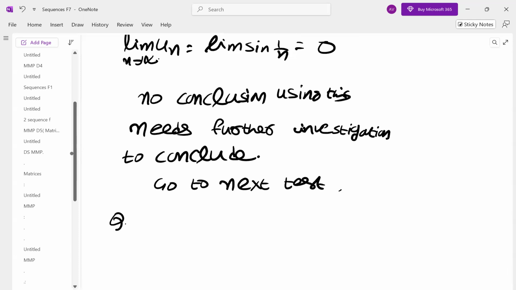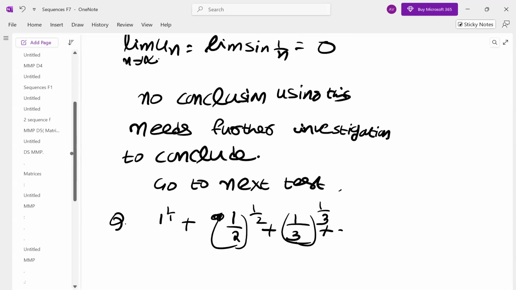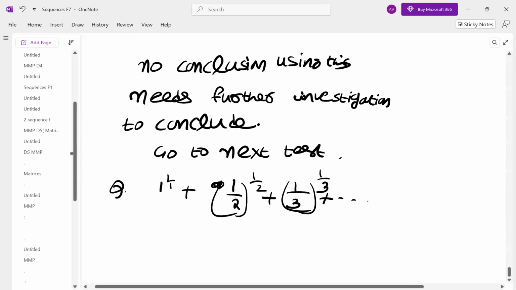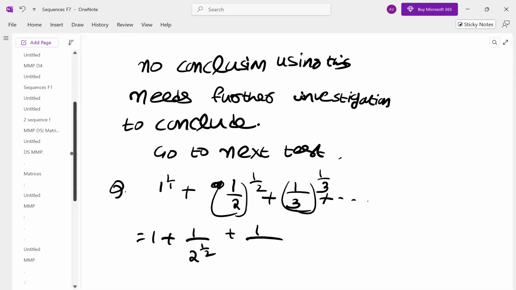Question. This is 1 to the power of 1 by 1, 1 by 2 to the power of 1 by 2, 1 by 3 power 1 by 3. So the question is 1 plus 1 by 2, 1 by 3 power 1 by 3, like this.